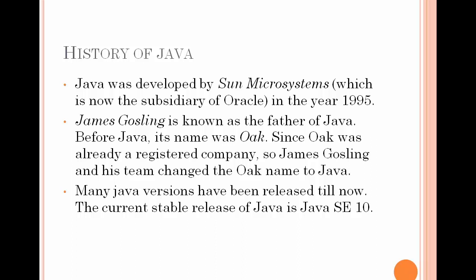After that, it was called Oak and was developed as a part of the Green project. But why did they name it Oak? Oak is a symbol of strength and was chosen as a national tree for many countries like the USA, France, Germany, Romania, etc.